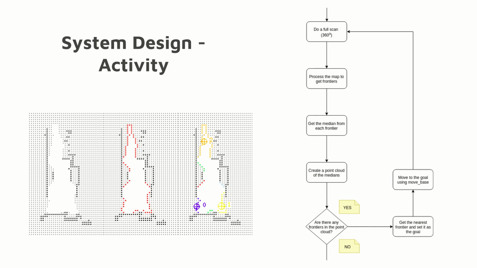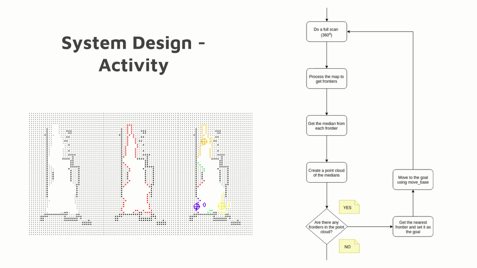The way it sees the environment is either occupied, empty, or unknown. In the images on the left, the small dots are what it considers to be unknown, the darker dots are what it considers to be occupied, and the white space is what it considers to be empty space. It then tries to understand which parts of the map are unknown space. Those are basically our frontiers, and that's what we're going to explore.